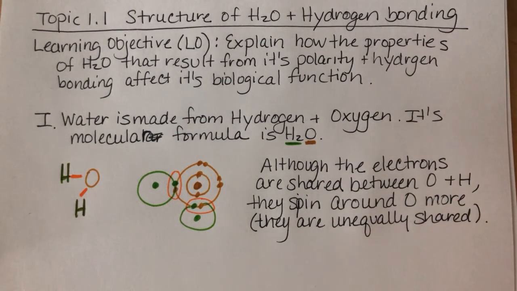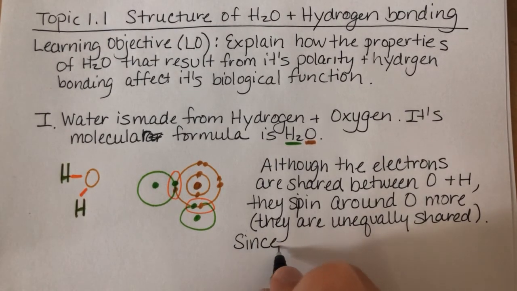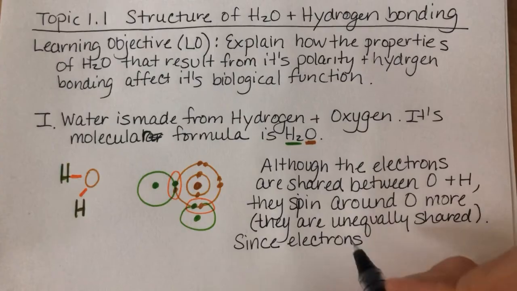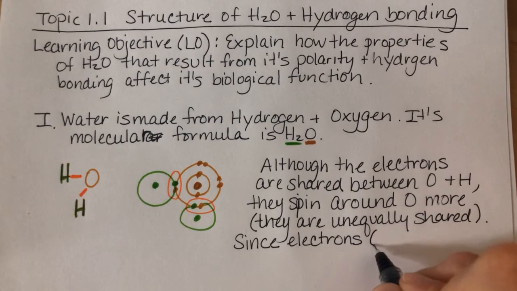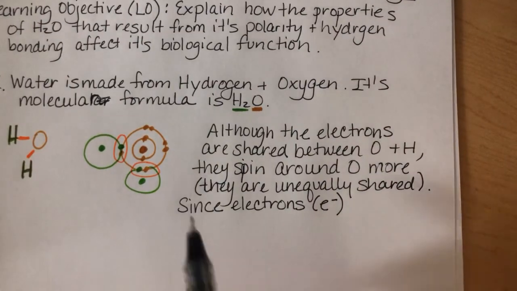So what does that mean? So since electrons are negative, and from now on when I write electrons, I'm going to put E with a negative sign there, so you know my shorthand.